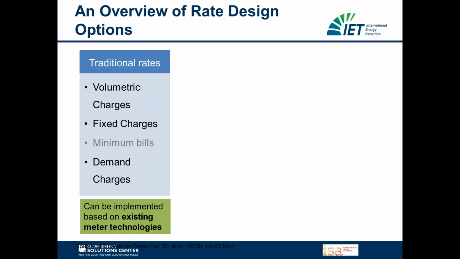So moving on from the objectives of rate design, now let's look at how typical electricity bills actually look. In this session, we will look at volumetric charges, fixed charges, take a quick look also at minimum bills, and then look at demand charges.